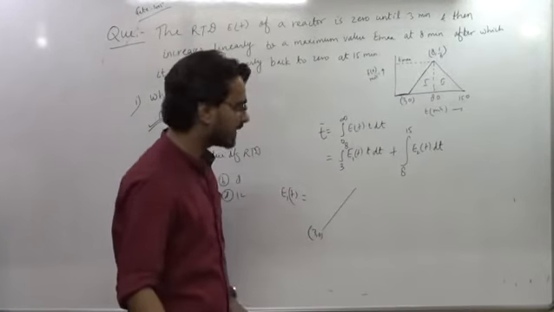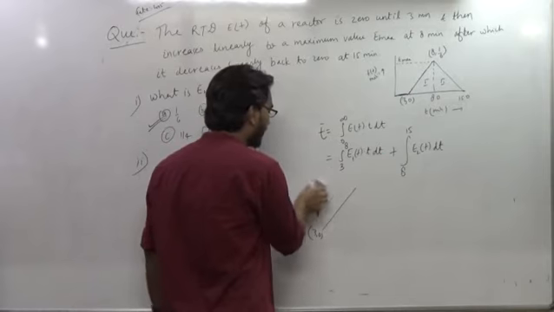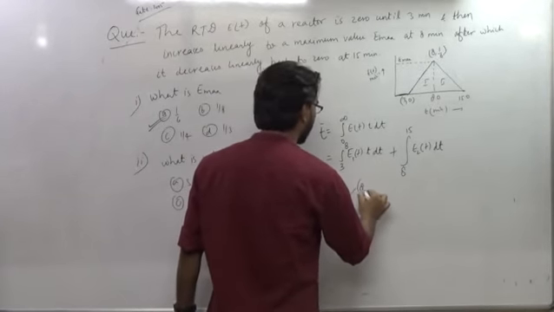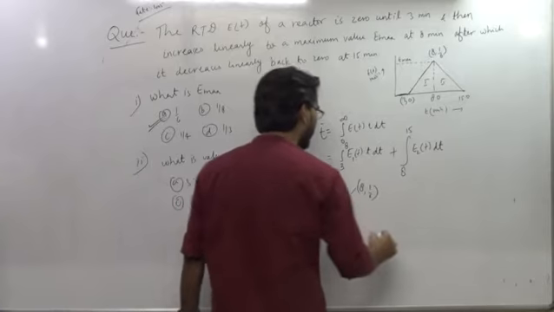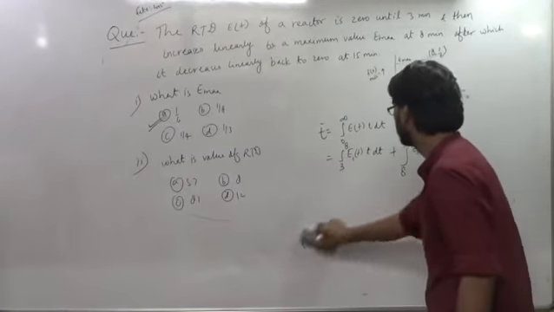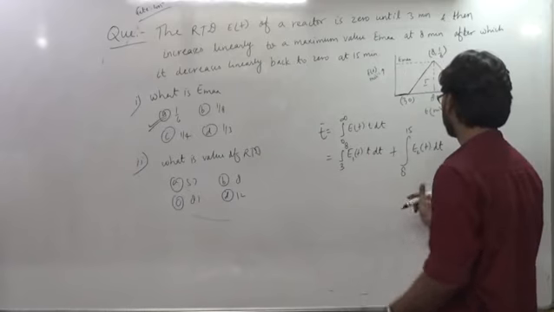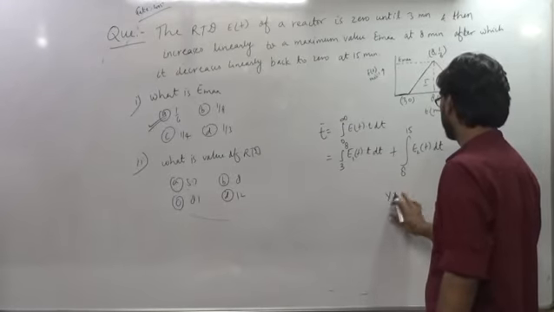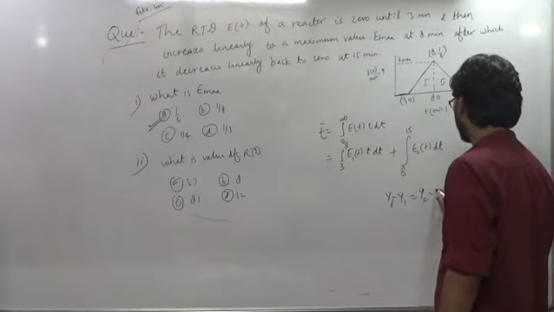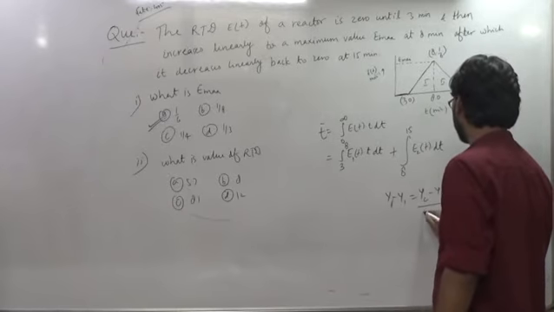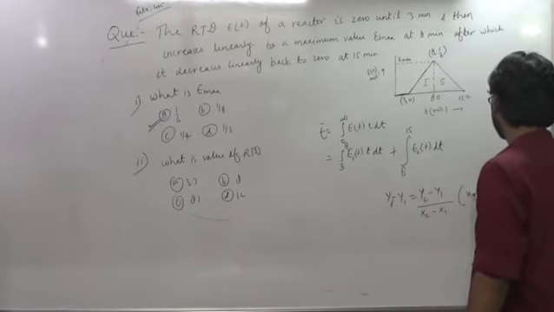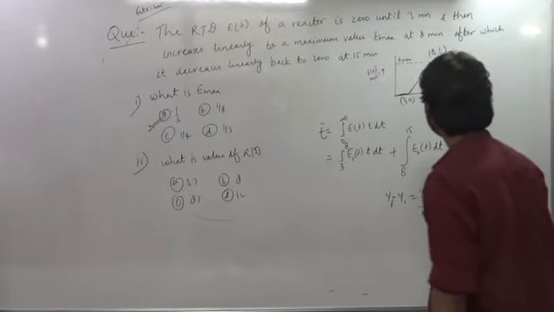Now we know that if we have two points, we can write the equation of this particular line. That will be y minus y1 is equal to (y2 minus y1) divided by (x2 minus x1) into (x minus x1).